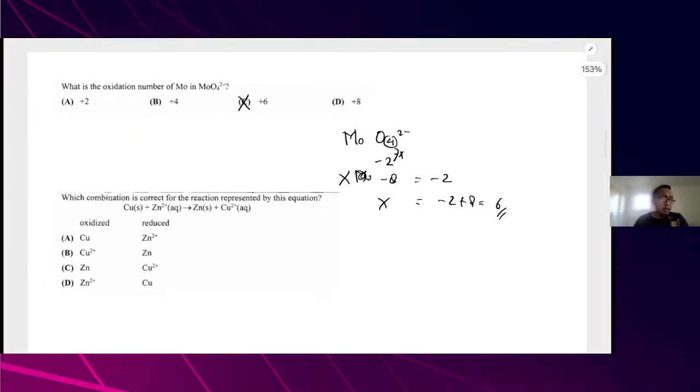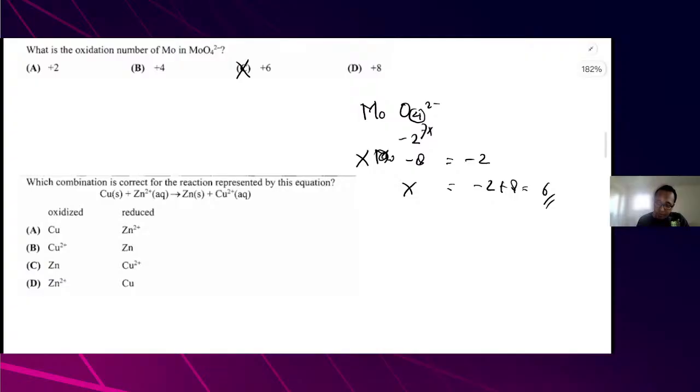Which combination is correct for the reaction represented by this equation? Which one is oxidized, which one is reduced? We are identifying who gets oxidized and who gets reduced, like a thread where electrons are being passed around.